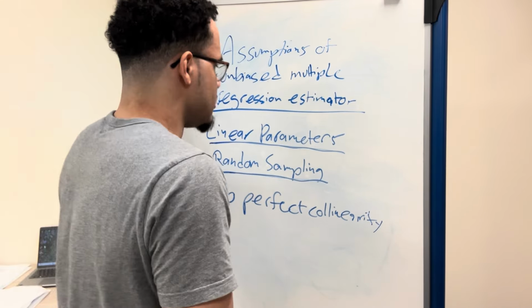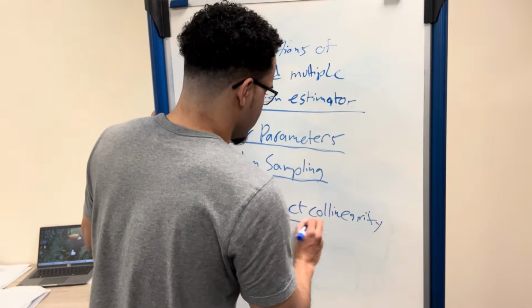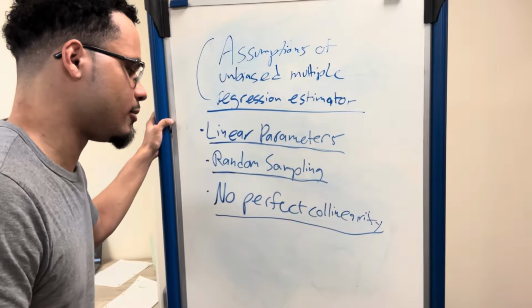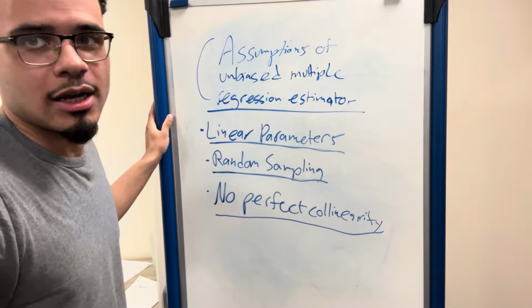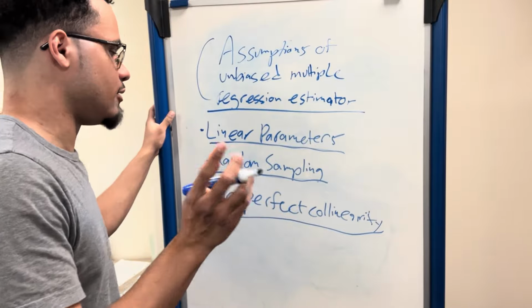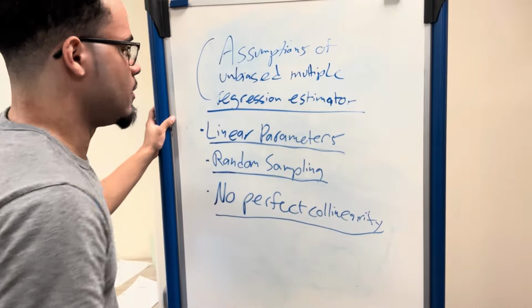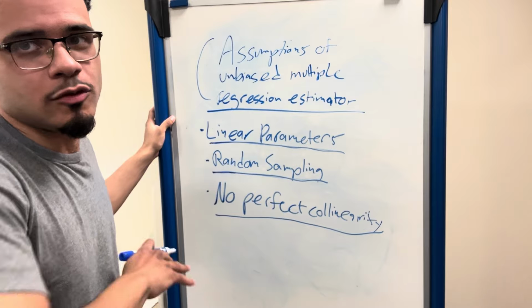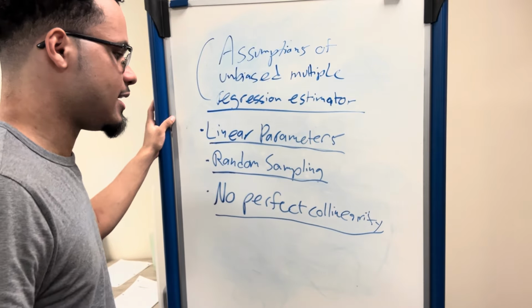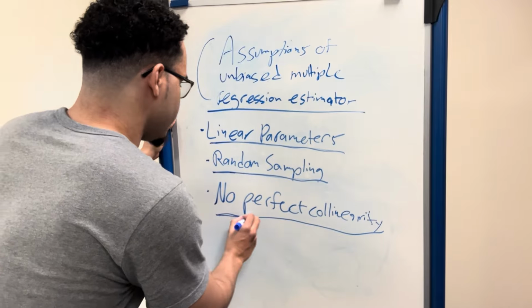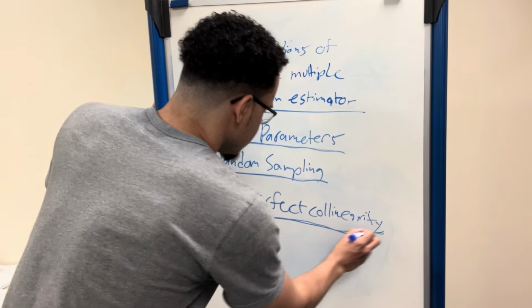This is incredibly harmful to the reliability of the estimator, and it makes it no longer unbiased, because we can no longer take the effect of one explanatory variable on our dependent variable, controlling for other variables. You cannot do that anymore. So we need to have no perfect collinearity because it's harmful to the estimator.